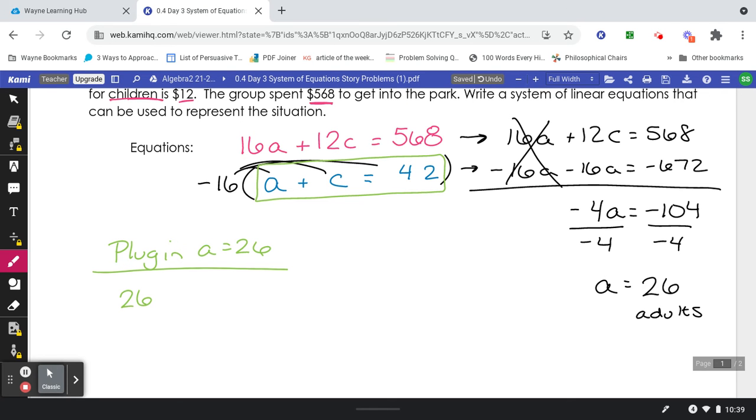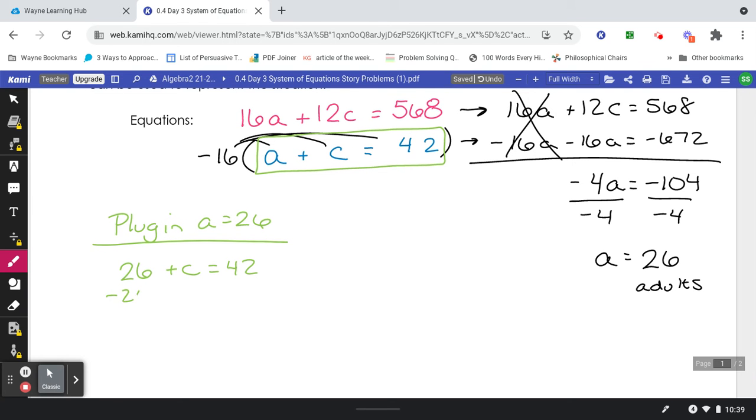So I'll plug in my 26 for A. And then solve by subtracting. 16 children. So we'd have 26 adults and 16 children.